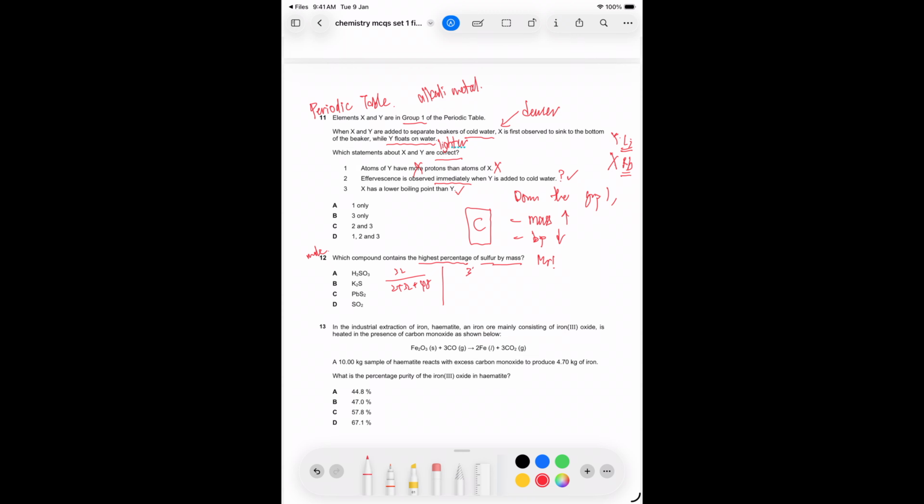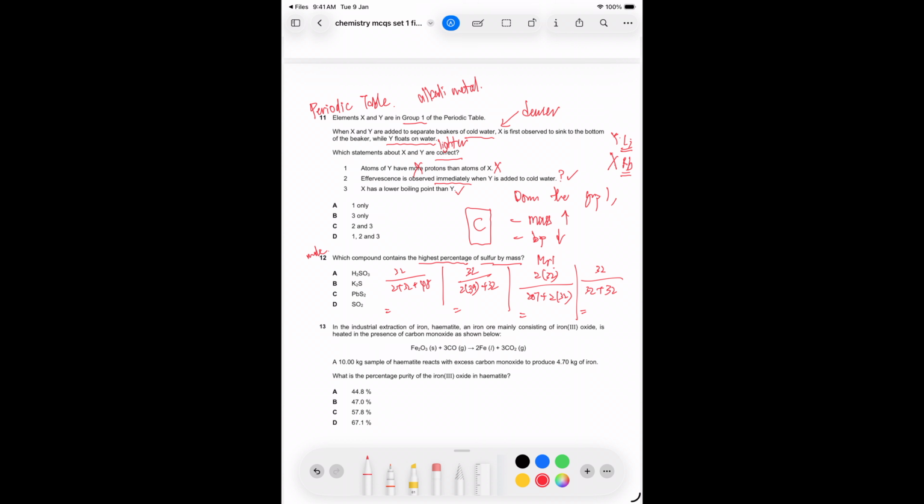This one will be 32, because there's only one sulfur, and then potassium is 39. C will be 2 times 32, 2 sulfur, over lead, which should be 207, so you have to check your periodic table. And the last one will be sulfur dioxide, which is 32 over 32 plus 2 oxygen, which is 32.